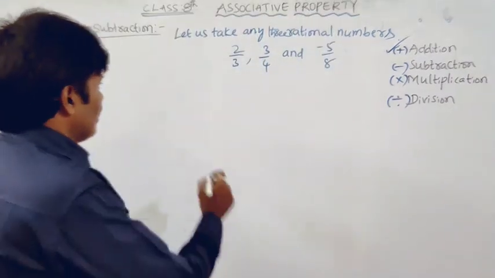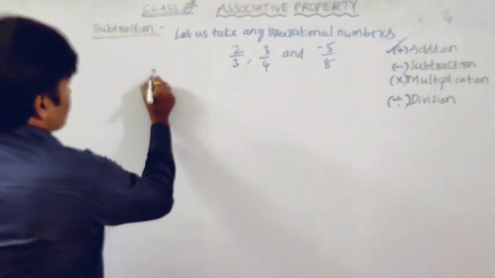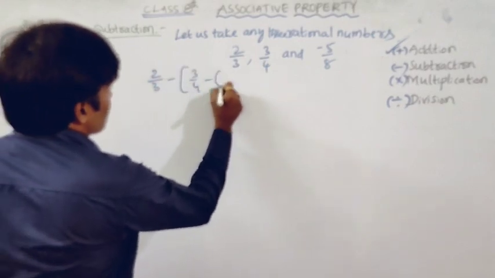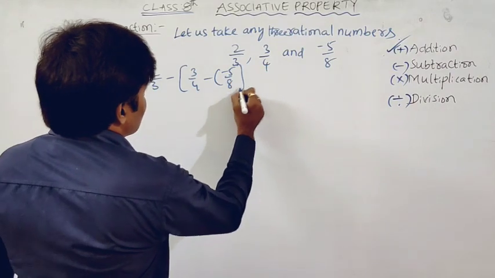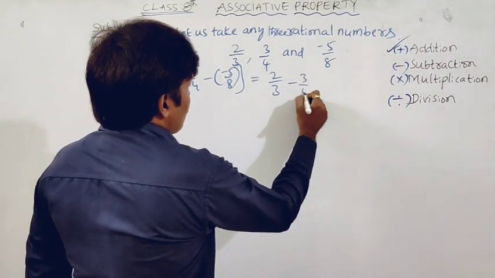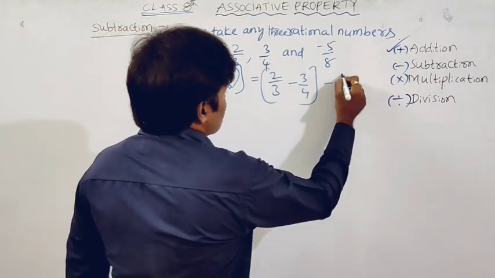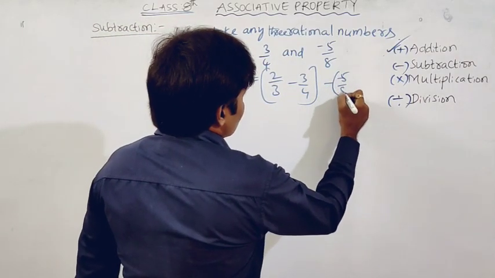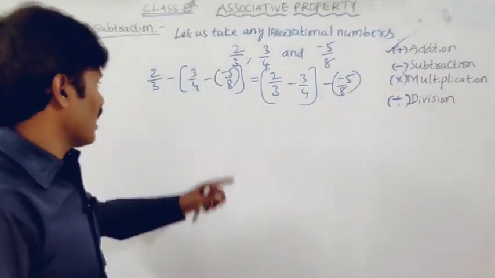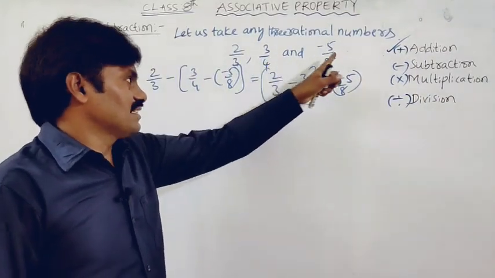For that, I am going to verify like this. See, 2 by 3 minus of 3 by 4 minus of minus 5 by 8 is equal to 2 by 3 minus 3 by 4, then I am subtracting from minus 5 by 8. Clear?